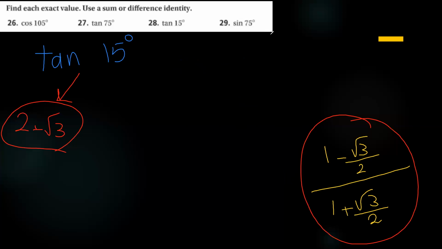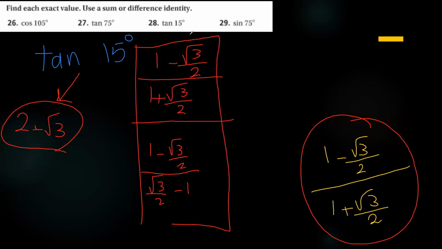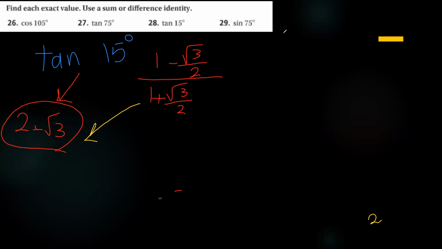Here, I give you the choices like 1 minus square root of 3 over 2 over 1 plus square root of 3 over 2. The second one, 1 minus square root of 3 over 2 over square root of 3 over 2 minus 1. Here you have two choices. Now, how can I know which one is equal to 2 minus square root of 3? What you have to do here, and as we know, this is the first one is correct.